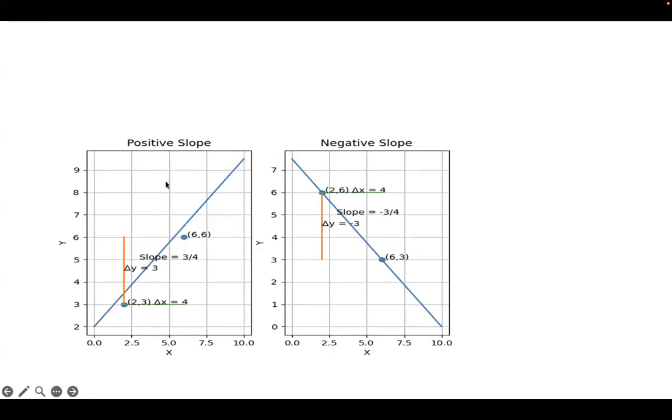Okay, assuming this is our graph, this point gives us a coordinate of 6, 6. 6 for x, 6 for y. No, this is for y, then this is for x. So these are the coordinates.